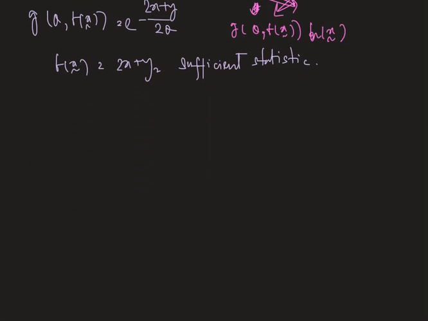So here we are given a hypothesis testing H0 such that theta equals 1 versus H1 such that theta equals theta 1, which is less than 1.